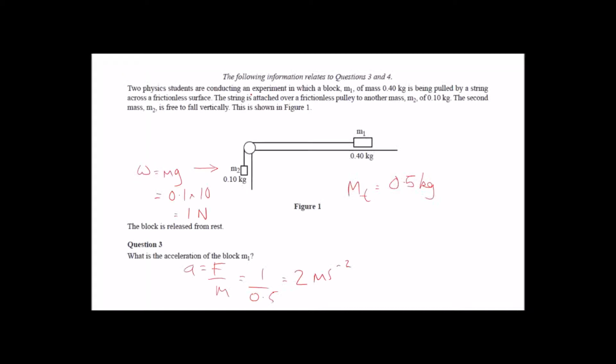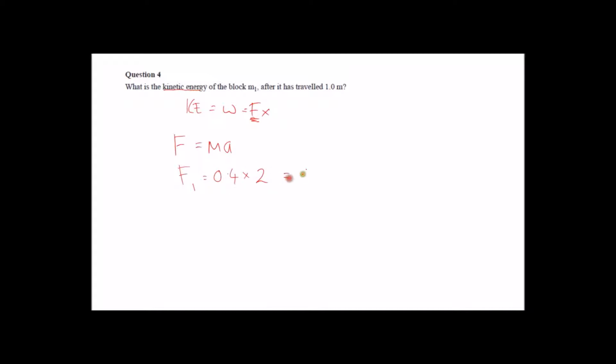Now, when we have a look back at mass M1, that's a 0.4 kilogram block. So the force on this block is given by ma, because Newton's second law always works for every object in a system. So if I want to find the force on block 1, it's going to be the mass, which is 0.4, times the acceleration, which was 2, so it's going to be 0.8 newtons.